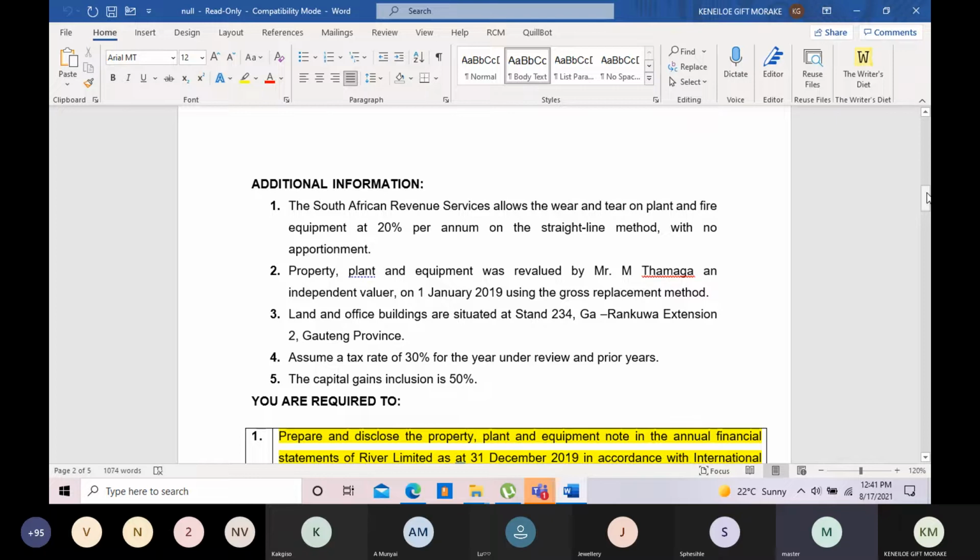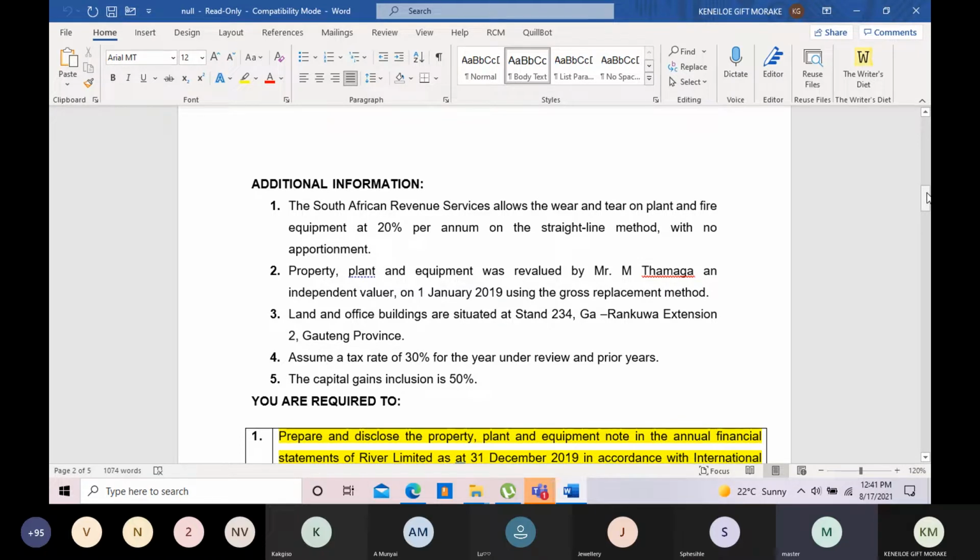So now, number 3, they said the land and office building are situated at stand 234, Garankuwa Extension 2, Gauteng Province. We all know Garankuwa Extension 2, but I'm not there. Let's focus on the following one, which is number 4. Assume that the tax rate of 30% for the year under review and prior years.